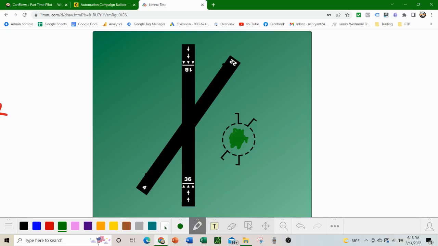All right, so let's make the wind triangle like this. With the wind triangle like this, runways 4 and 22 are also open now.